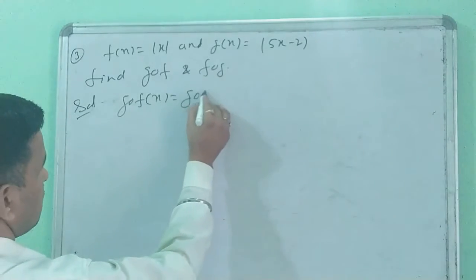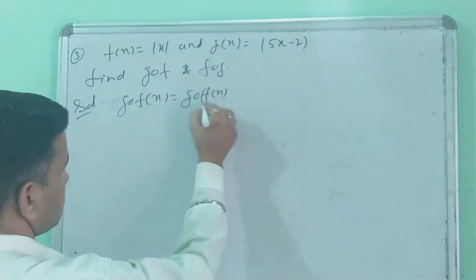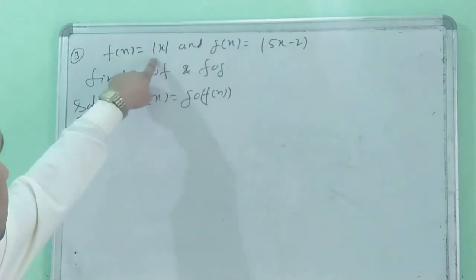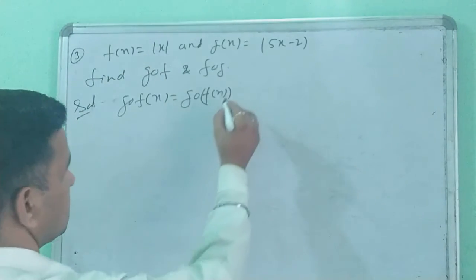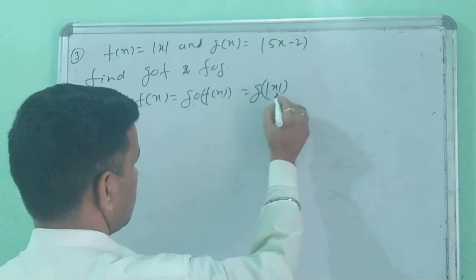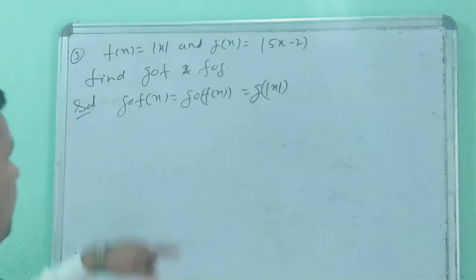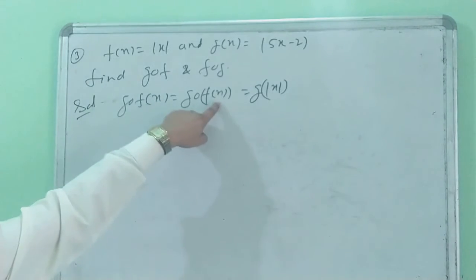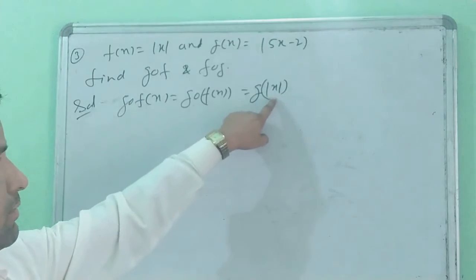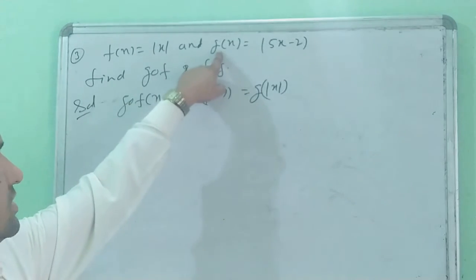First of all, write the gof(x) function in this way. What is the value of f(x) here? The value of f(x) is mod x. Then you can write g of mod x. This mod x is converted into g(x). What is the value of g(x)?